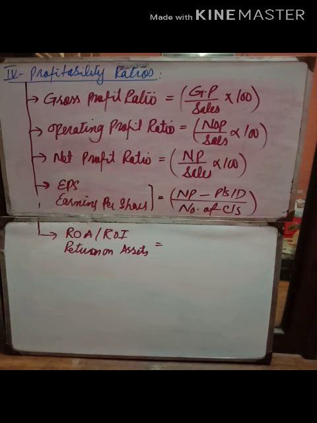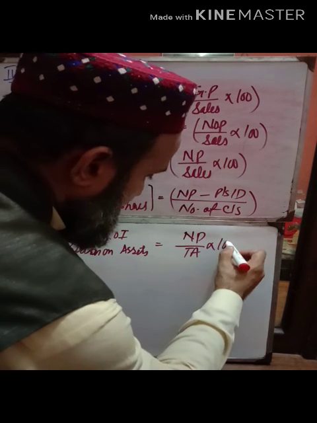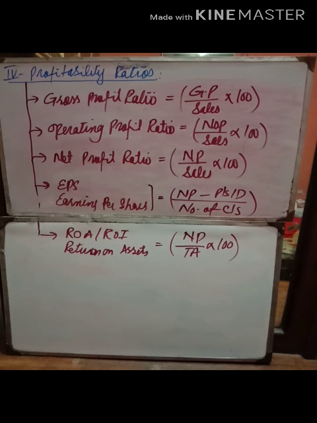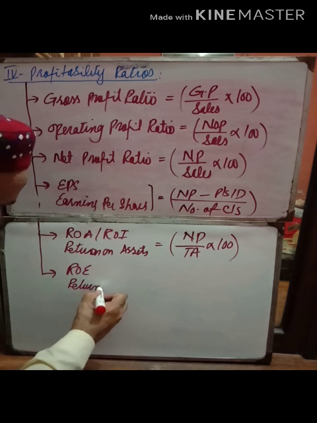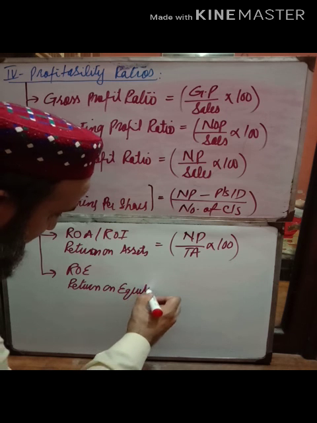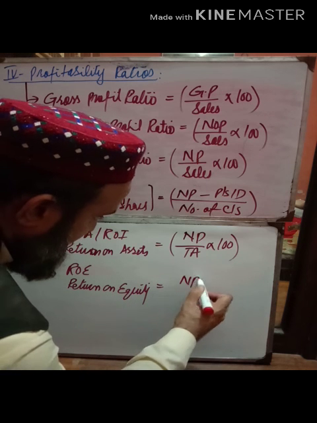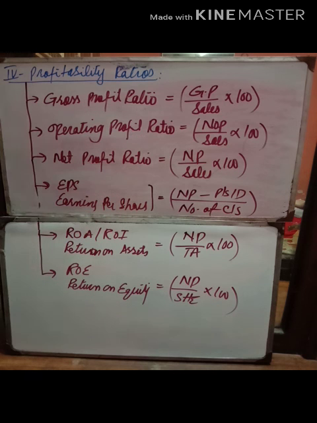Its formula is net profit over total assets multiplied by 100. This is the ROA. But if we want to calculate ROE, return on equity, return on shareholder equity, return on common stockholder equity, ROE can be calculated as net profit over shareholder equity multiplied by 100.